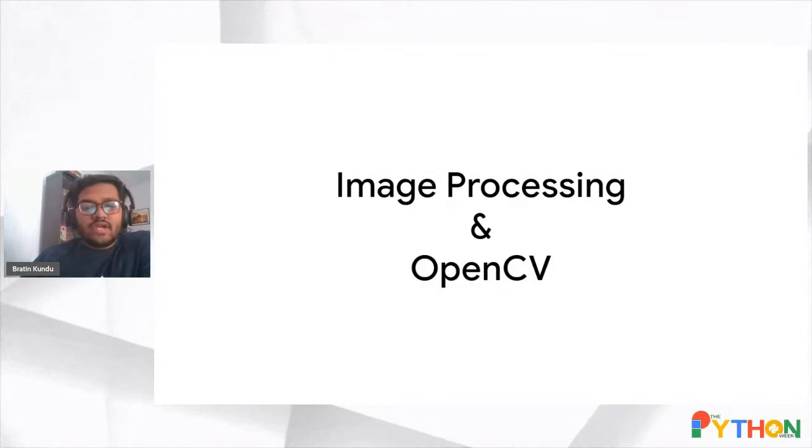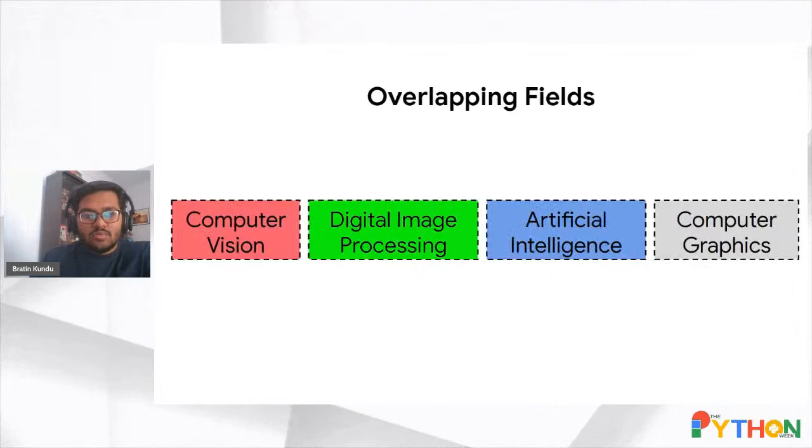When we encounter image processing, we have to deal with a couple of terms, which are these fields: computer vision, digital image processing, artificial intelligence, and computer graphics, right? You would notice that in OpenCV, CV stands for computer vision.